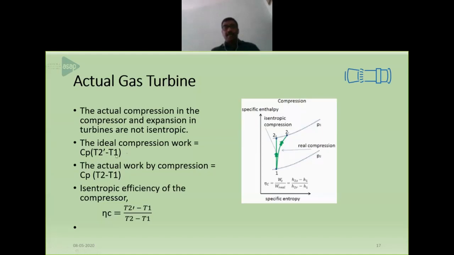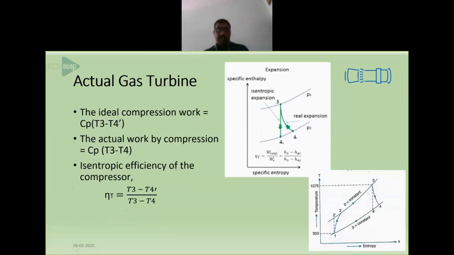So Cp into (T2 dash minus T1) is less than Cp into (T2 minus T1). So what is the isentropic efficiency of the compressor? Writing these two terms, Cp will get cancelled, so finally you get (T2 dash minus T1) divided by (T2 minus T1).